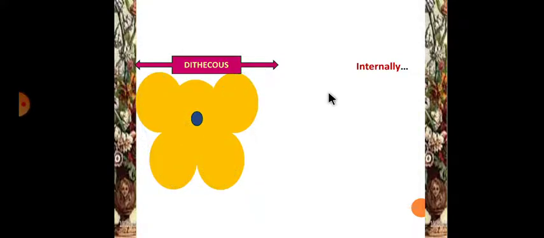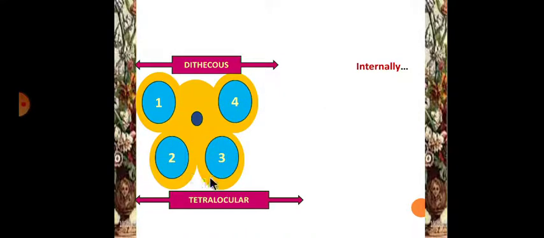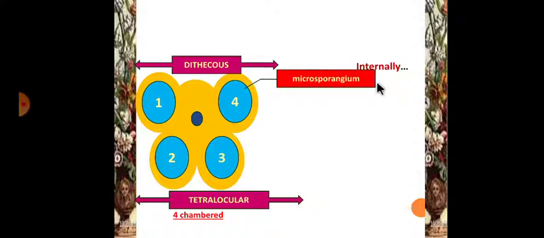But in turn, each lobe, as you can see in the diagram, is made up of two parts, so it is called tetralocular. See here, one locule, 2, 3 and 4 locules are there, making an anther tetralocular. Each locule can be called a microsporangium.